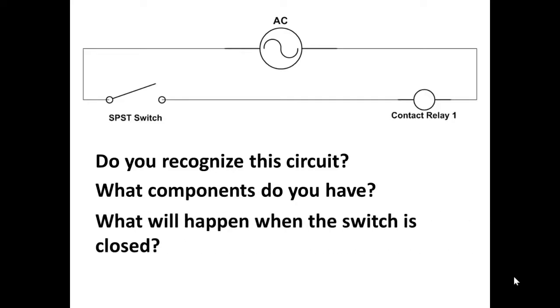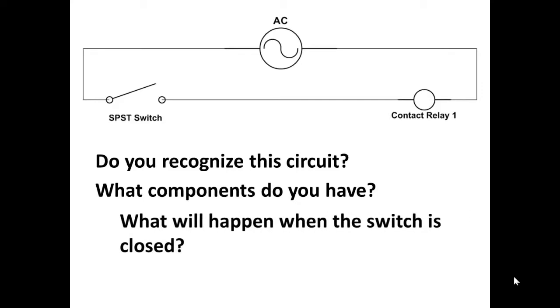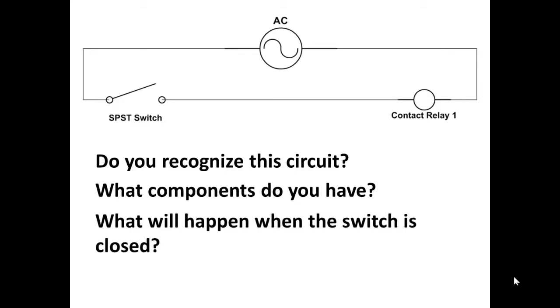What will happen when the switch is closed? When the switch is closed, the alternating current voltage source will alternate in one polarity, then the other 60 times a second. Whenever the switch is closed, it will power the relay.